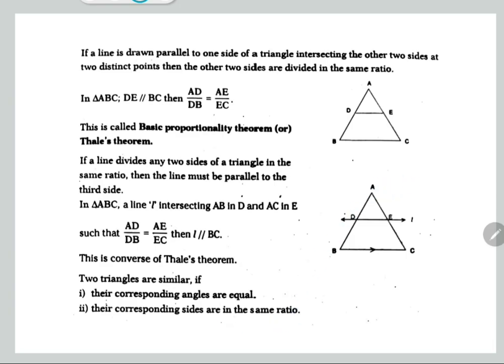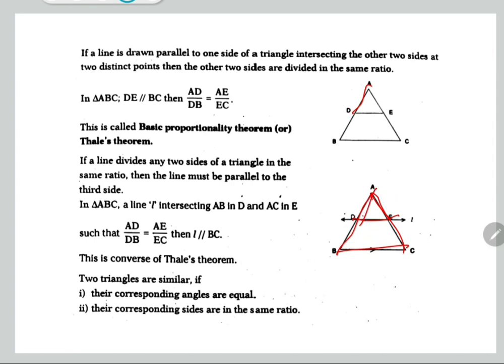That means AD and AB, AE and AC, and DE and BC: the ratios of the corresponding sides are also equal.